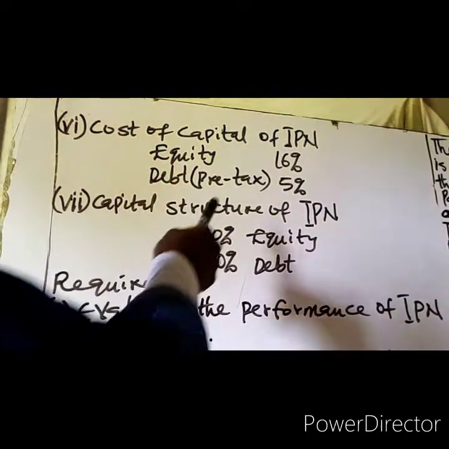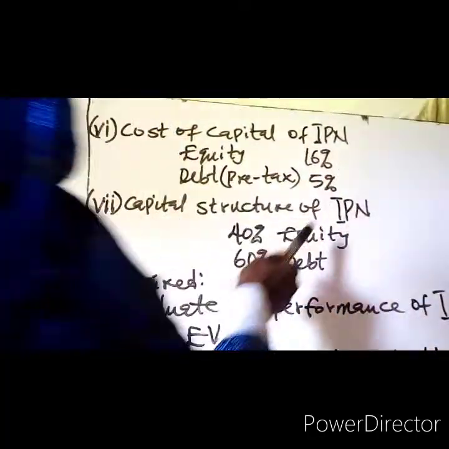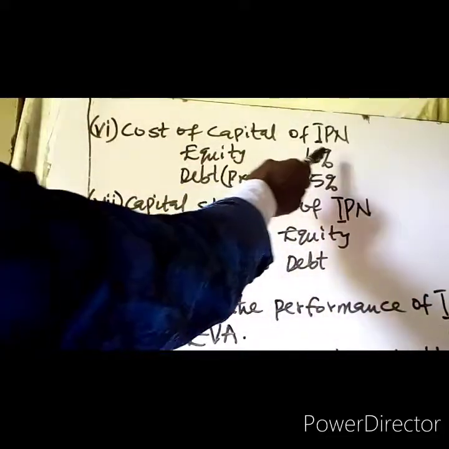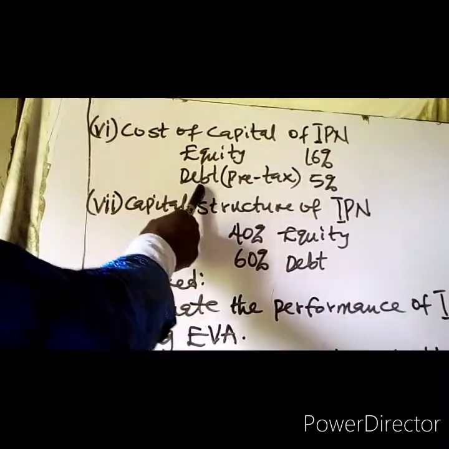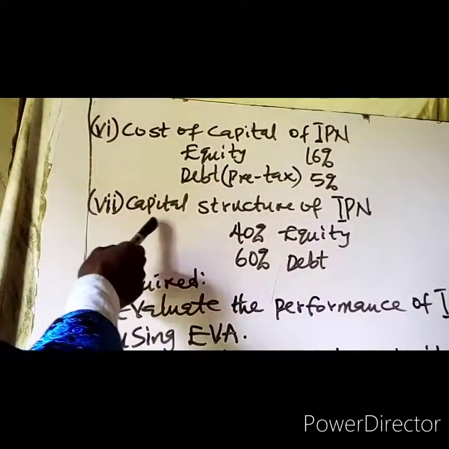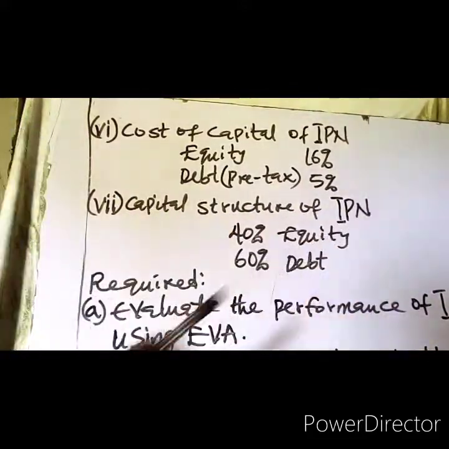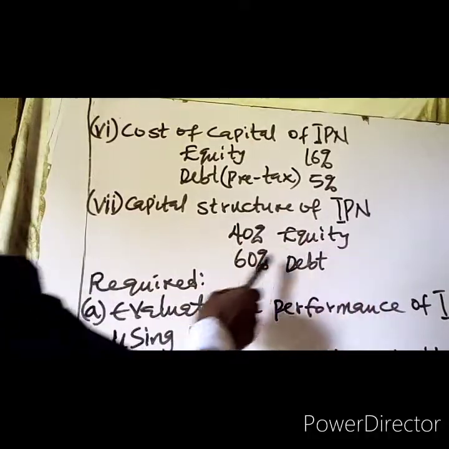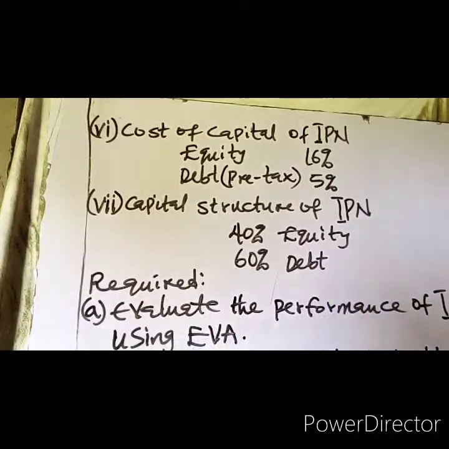Cost of capital of IPN, equity 16%, debt pre-tax 5%. 7. Capital structure of IPN, 40% equity, 60% debt.